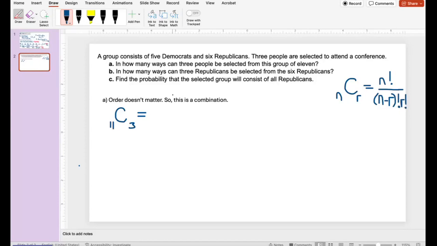All right, and so in this case, n is 11. For this one, n equals 11. I'm just going to write that. And we're choosing 3, so r is 3. So this will be 11 factorial, and this is where I think it's kind of fun, like simplifying.